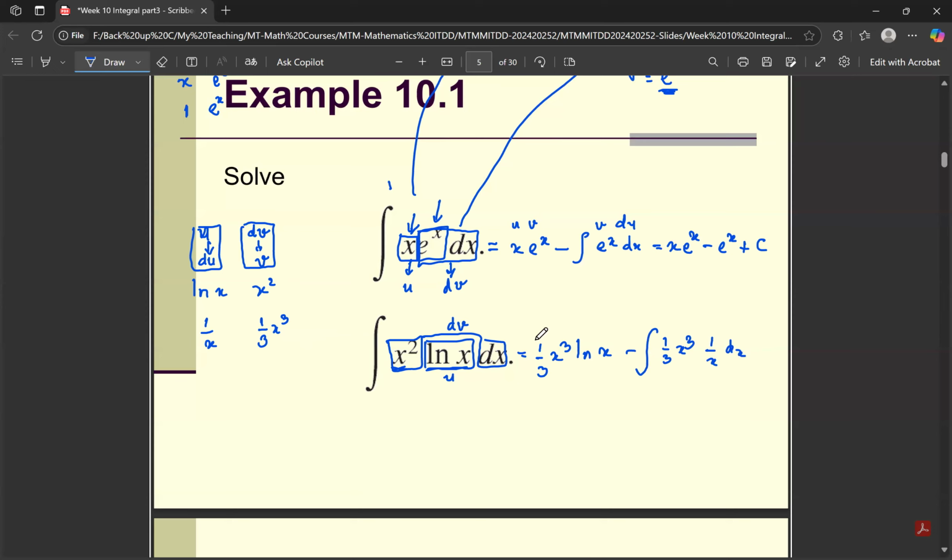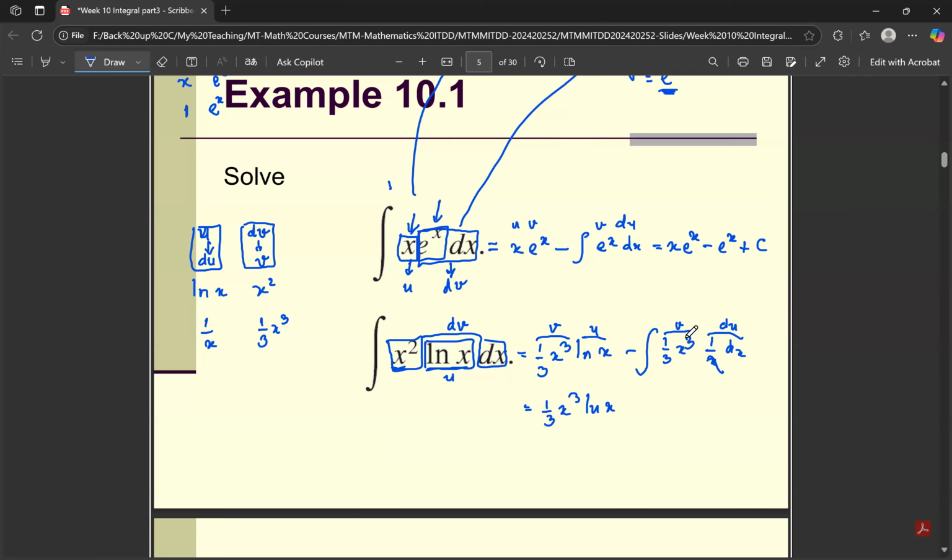Okay, I will write it again for you. This is u, and this is v, and this is du. Okay. We have 1 over 3 x cubed.